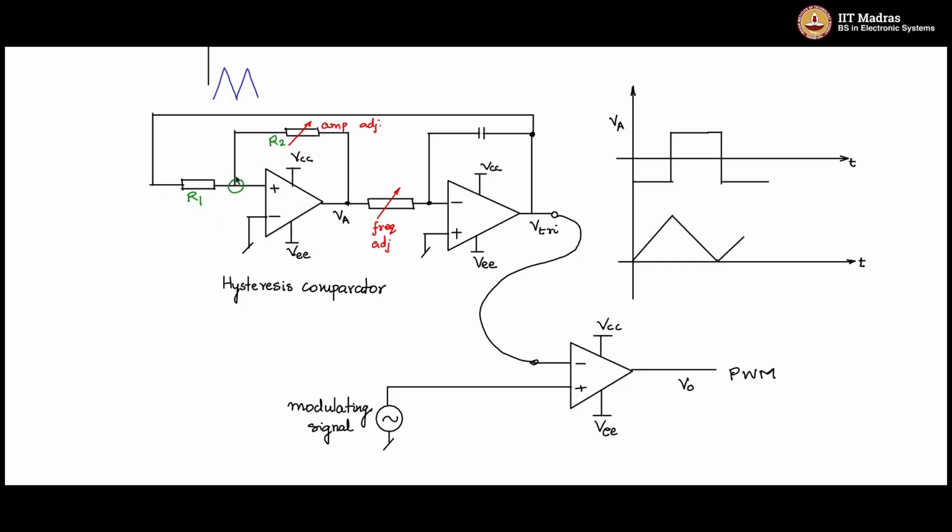So this is the point of interest, V plus. If V plus is going greater than 0, output VA will be high. If this is going less than 0, at 0 minus, this will go to a negative value. It will go and saturate to VEE. So this is the point of interest.